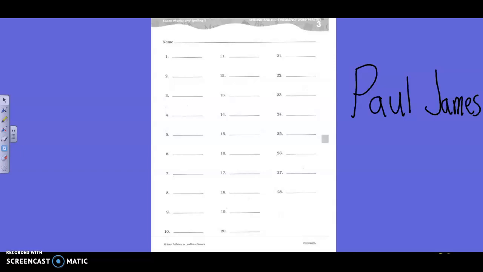Boys and girls, if you look at this name on the board, vowels are very important letters because every word must have a vowel in it. Every word you write will have an A, E, I, O, or U. One of those letters has to be in every word. There is not a word that does not have a vowel in it.